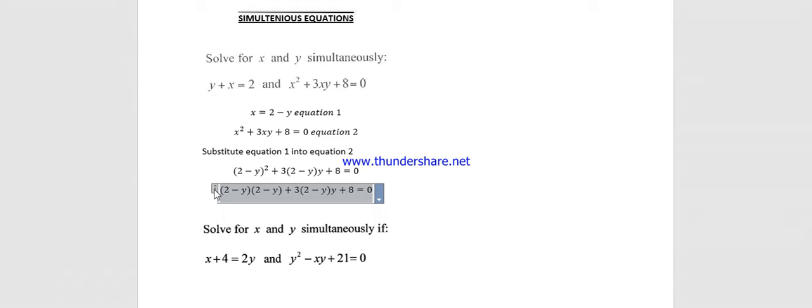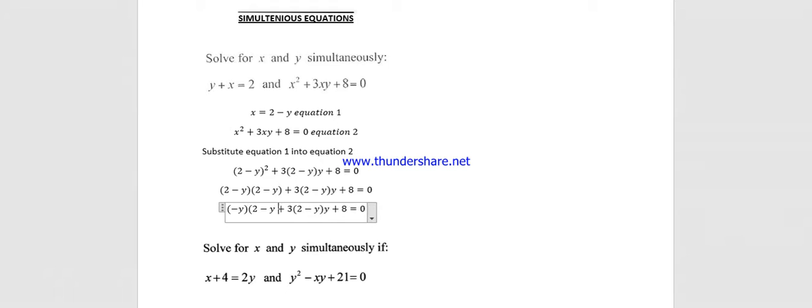We're trying to find out the value of y. What is the value of y? Remember, you can also try by first making x the subject of the formula. So if you multiply this and that, you're going to get 4.